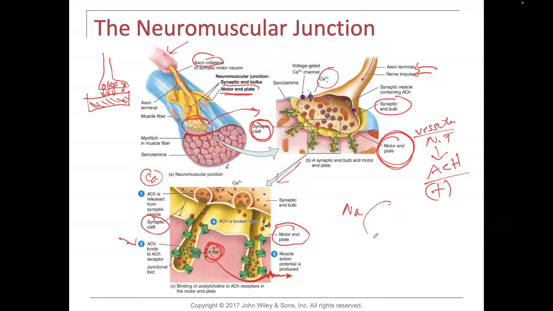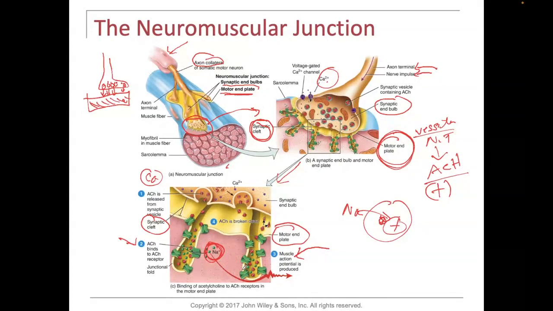And whenever sodium rushes into a cell, it creates excitation or depolarization. So when sodium rushes in, you see the red arrow looks like a lightning bolt or electricity. That's when a muscle action potential is produced.